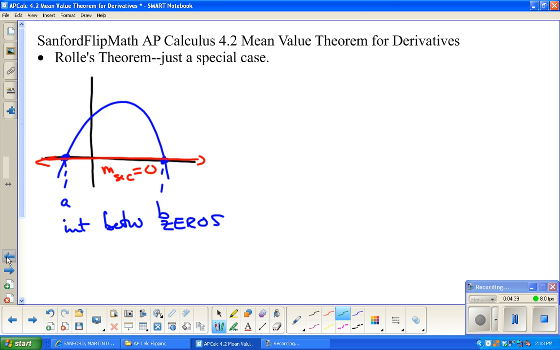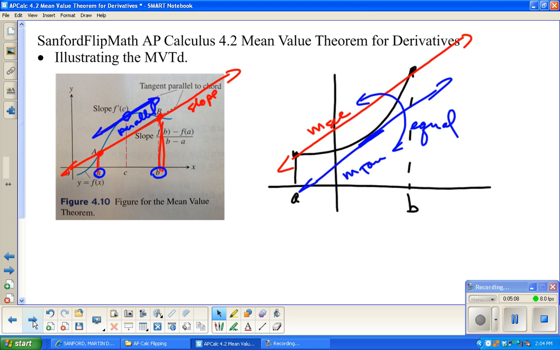Similarly, there's got to be some point along here where the slope of the tangent line would also equal 0. The way it's worded, and I guess this was the original version to come out, is if I have an interval between zeros of a function, then somewhere in that interval the slope of the tangent line is 0. Okay, so that's background for that.